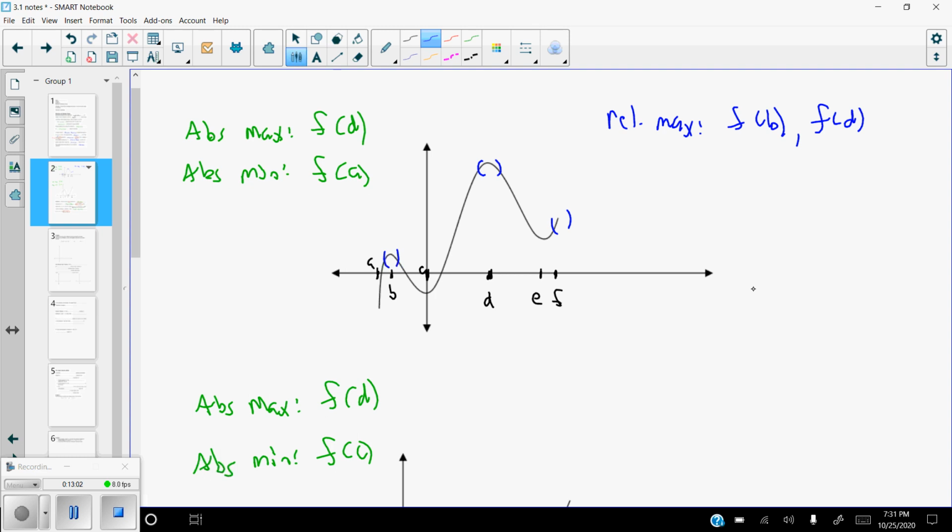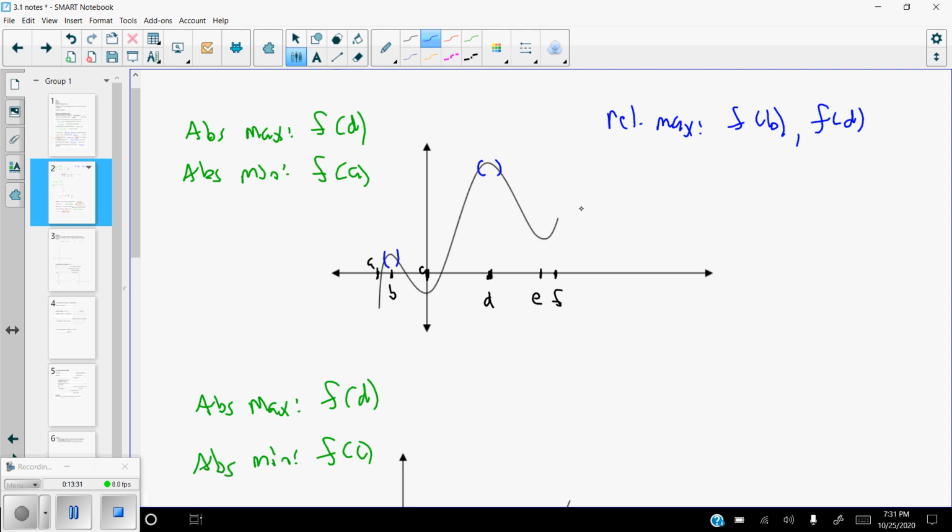I will say that again because I'm not writing it down here. A relative max or a relative min will not occur at an endpoint. It can't, because you have to be able to surround it. And at an endpoint, one of the sides will be completely open. You can have an absolute at an endpoint, but you cannot have a relative because it must be able to be surrounded by this open interval. So let me erase that because that's not really a relative.